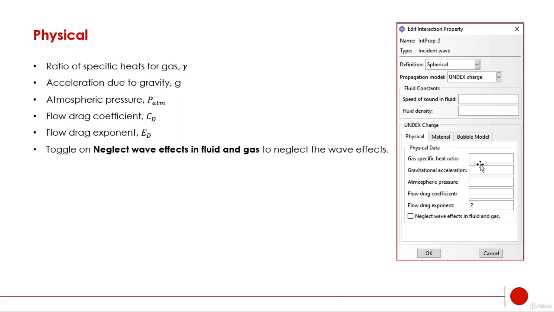The first one is physical. We need to provide a gas specific heat ratio, and then acceleration due to gravity, atmospheric pressure, flow drag coefficient, flow drag exponent, and also we can neglect the wave effect in the fluid and gas, so we can just deactivate this one.